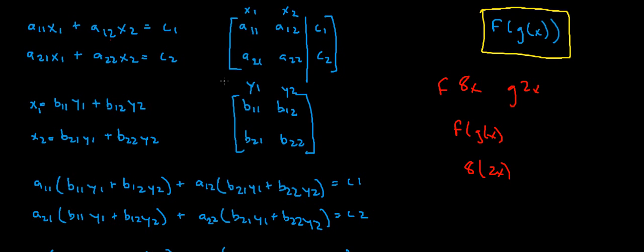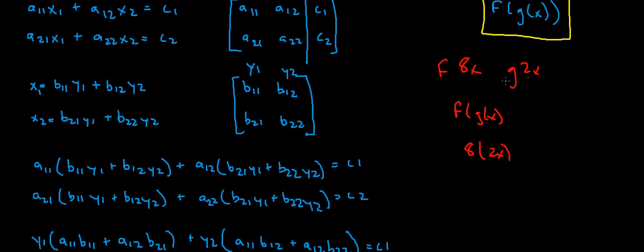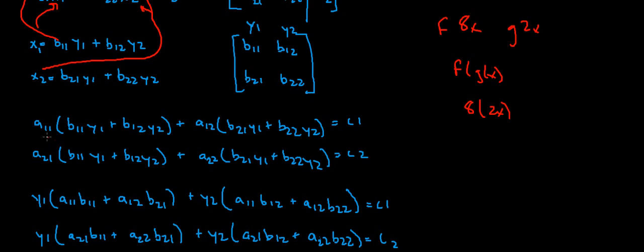So essentially what I'm going to be doing is substituting these things in for x1 and x2. And if I go ahead and do that, I substitute this in for x1 and this for x2. Now this is what I get. I just substituted these equations where x1 and x2 were.